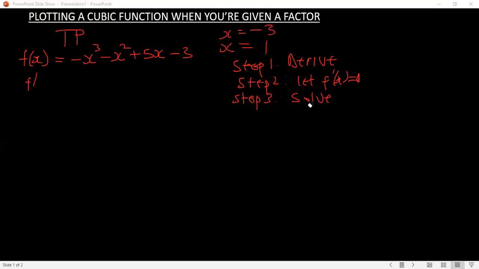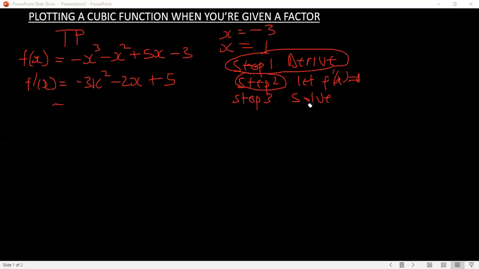Our f prime here is going to be negative 3x squared minus 2x plus 5. That was our step number 1. Now let's go to step number 2.